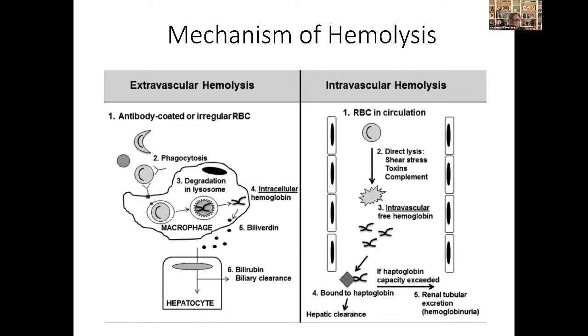That cell is recognized as abnormal by the reticuloendothelial system, and it gets phagocytized by the reticuloendothelial system and degraded in the lysosomes. Then the hemoglobin gets processed and eventually converted to biliverdin and excreted through the liver and eventually in the stool.